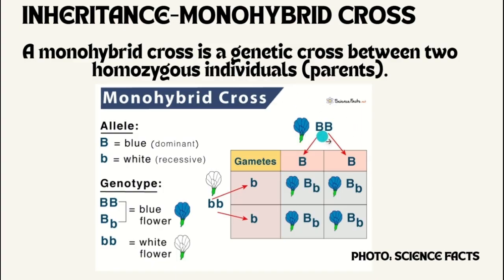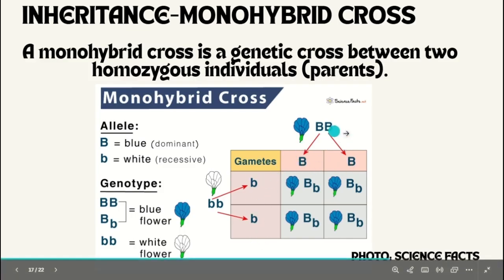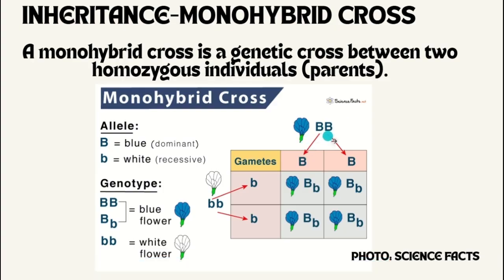We said homozygous. You can have homozygous dominant and also homozygous recessive. So if you cross a homozygous dominant with a homozygous recessive, say if one parent had black hair, BB, no, forget that, let's do a different example. So we're doing flowers in this example.